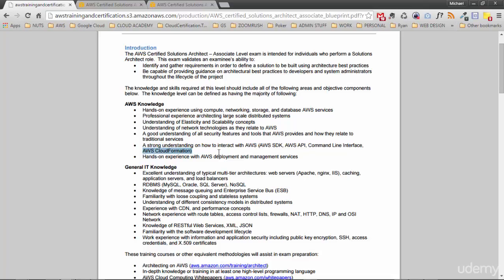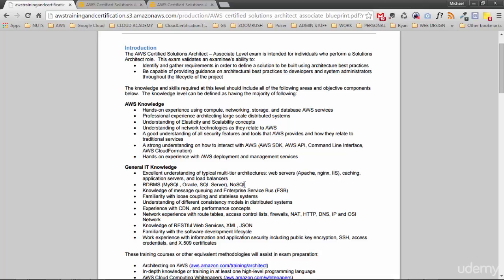So this associate exam doesn't get too caught up in the minor nitty-gritty details of this sort of stuff, but more on getting an overall picture of how it all hangs together. Coming further down, they throw things like web servers and Apache around. You need an excellent understanding of typical multi-tier architectures. Yes, you do, but if you don't have an in-depth knowledge of Apache, don't worry too much.